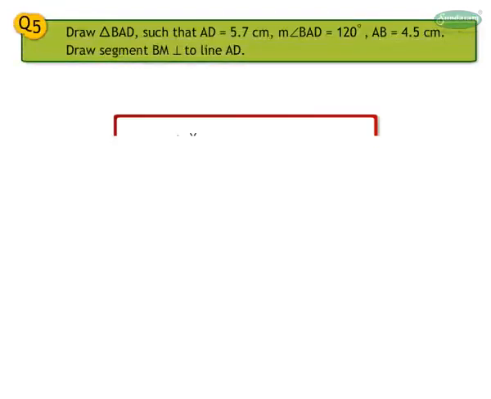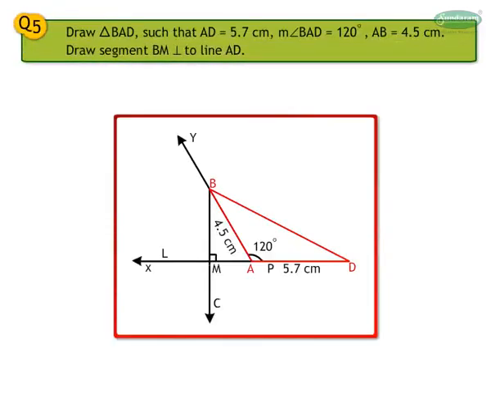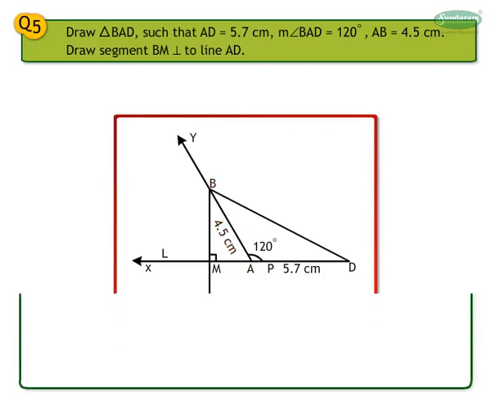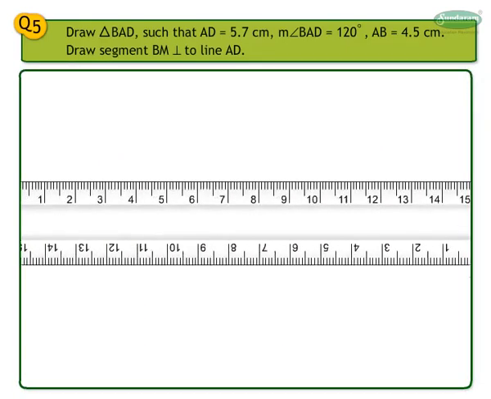5. Draw triangle BAD such that AD is equal to 5.7 centimeters, measure of angle BAD is equal to 120 degrees and AB is equal to 4.5 centimeters. Draw segment BM perpendicular to line AD. Let us see the steps of construction.